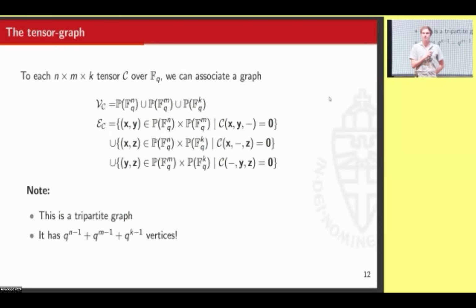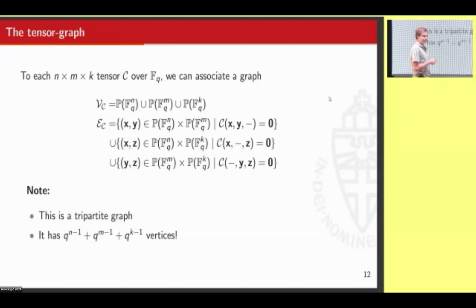And then this is a tripartite graph because we have those three point sets, and we can only draw an edge between the point sets and not within a point set itself. And it has a lot of vertices. So there's no chance to store this graph in memory for cryptographic applications. So if we want to look in this graph, we have to use some other method to do this.